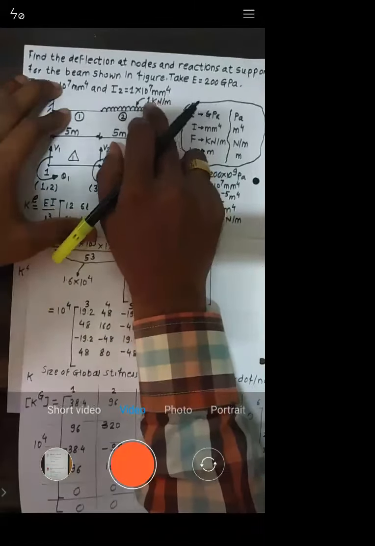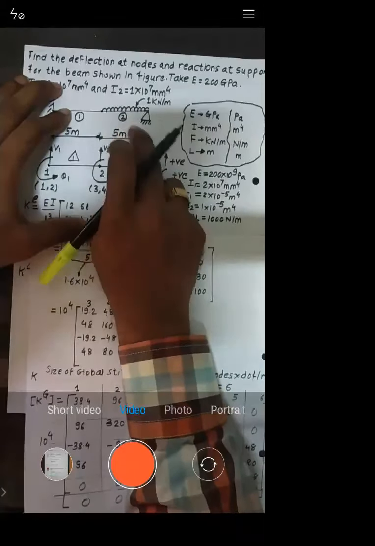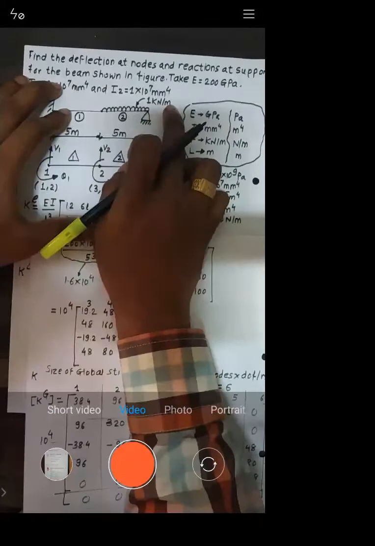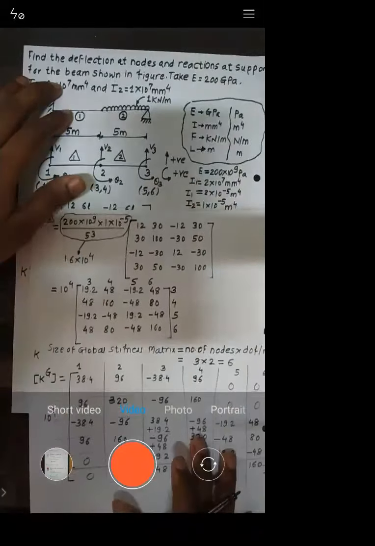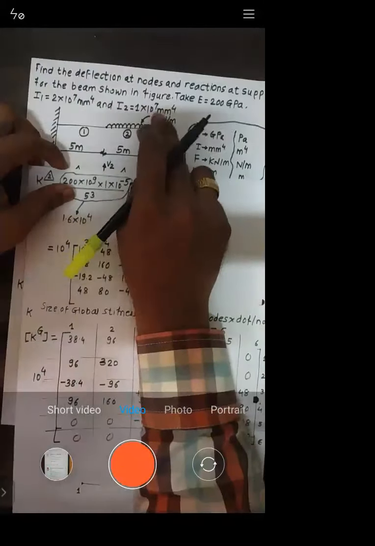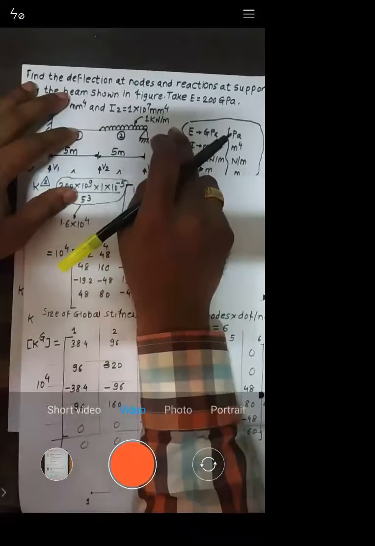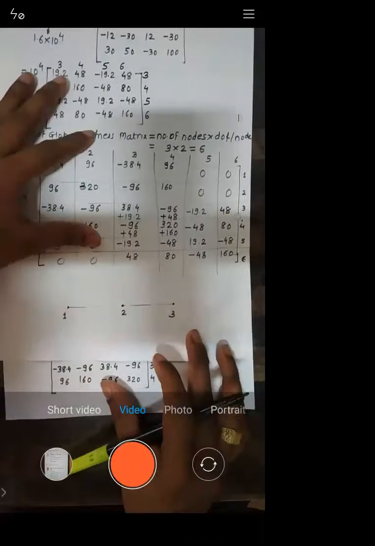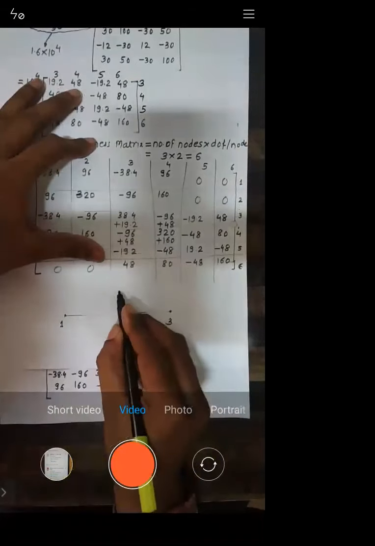When this 1000 Newton per meter acts on a 5 meter length, tell me what will be the load applied? 5,000, right? Is it okay or not? Let me know. 5,000, right?